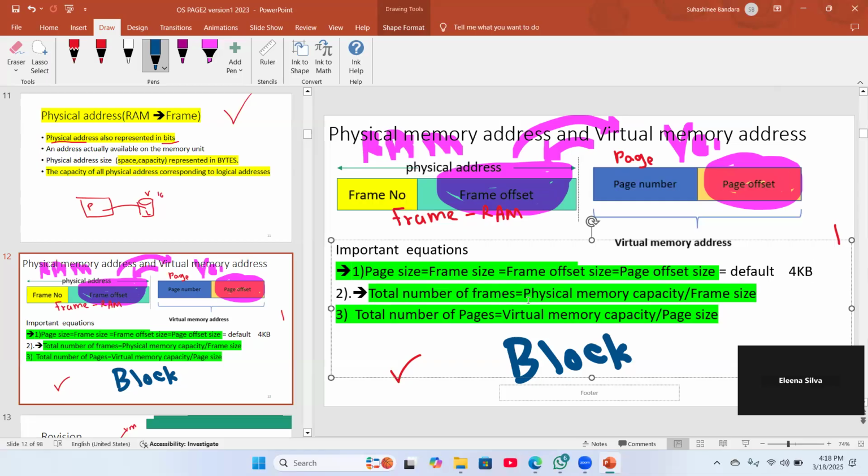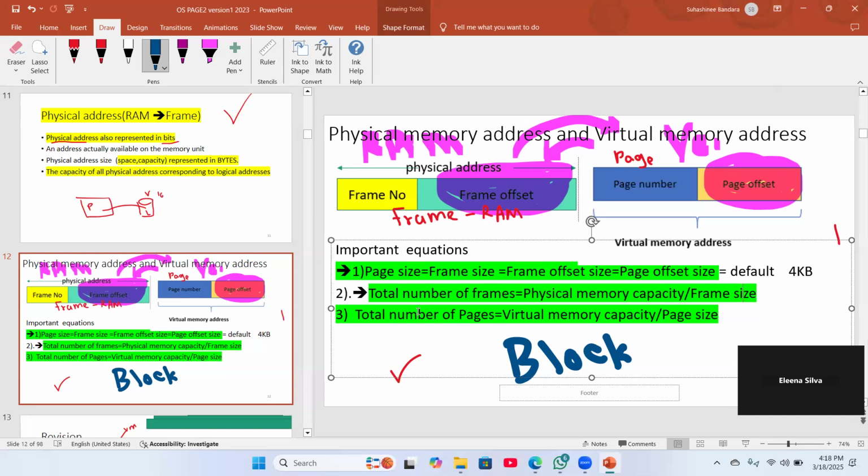Total number of frames equals physical memory capacity divided by frame size. Total number means the full capacity of the physical memory in the random access memory, the capacity which is allocated for the physical memory. Just imagine the capacity allocated for the physical memory divided by the size of the frame.